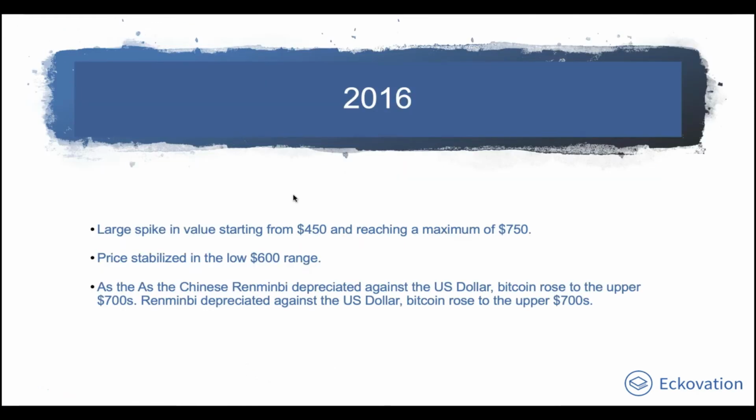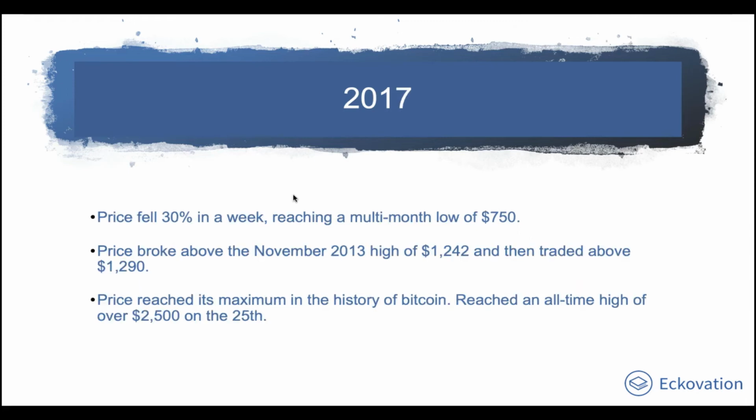In 2016, it reached a maximum of $750 and the price stabilized in a low range of 600. As the Chinese renminbi depreciated against the US dollar, Bitcoin rose to the upper 700s. People started to dump the Chinese fiat currency, the renminbi, and buy Bitcoins. That's why the price of Bitcoin grew in 2016.